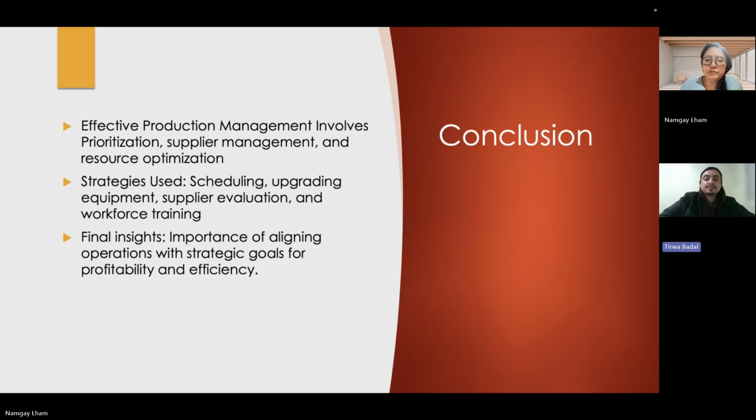The lessons learned reinforced the importance of aligning daily operations with strategic goals. By doing so, businesses can not only overcome immediate challenges but also pave the way for long-term success.